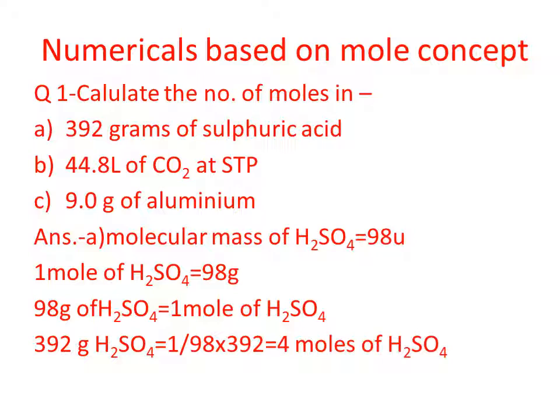Adding all these terms, it comes out to be 98 u. So 1 mole of sulfuric acid is equal to 98 gram. Why the term gram? Gram is used for gram molecular mass. 98 gram of H2SO4 will be equal to 1 mole of sulfuric acid, and you have to calculate for 392 gram of sulfuric acid.